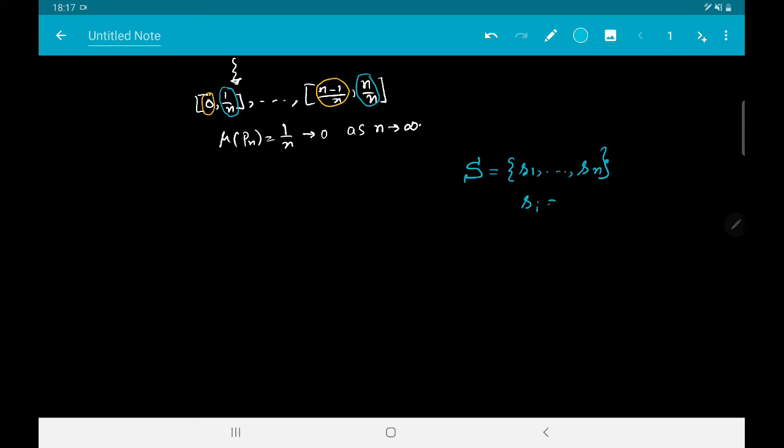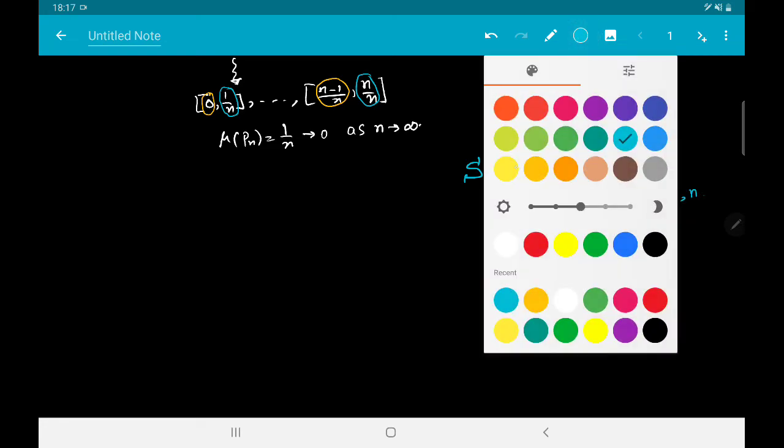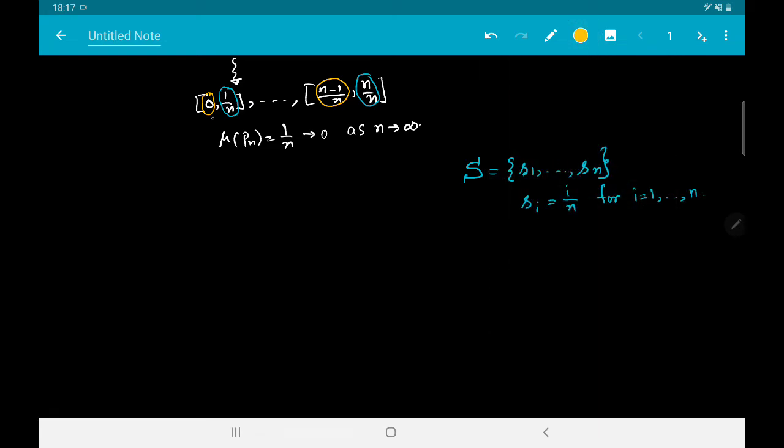So Si is equal to i by n for i equal to 1 to n. And suppose that in the previous case we have our tag set equal to T1, T2, ..., Tn, where Ti is equal to (i minus 1) by n, for i equal to 1 to n.